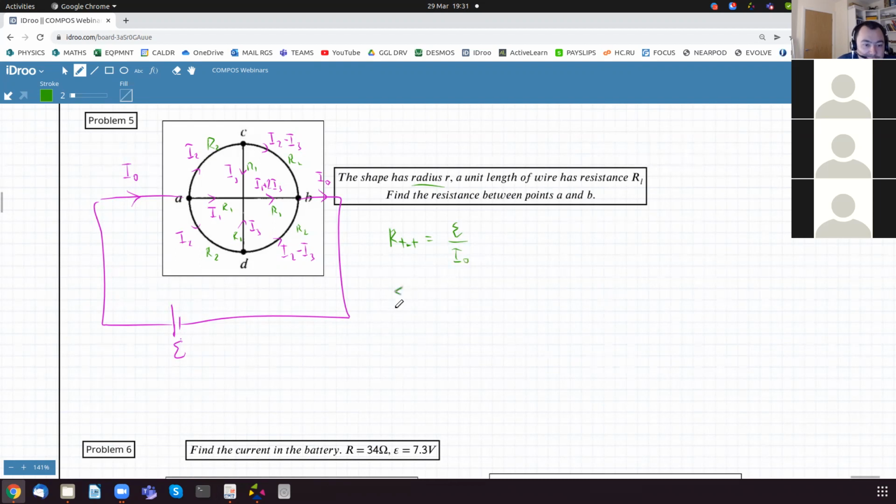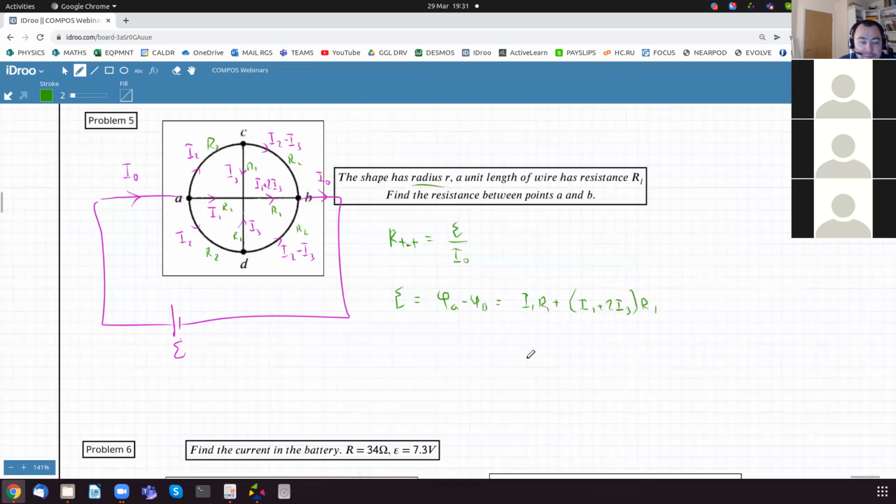So EMF is going to be equal to phi A minus phi B, which is I1 R1 plus this current, so I1 plus 2I3 R1.